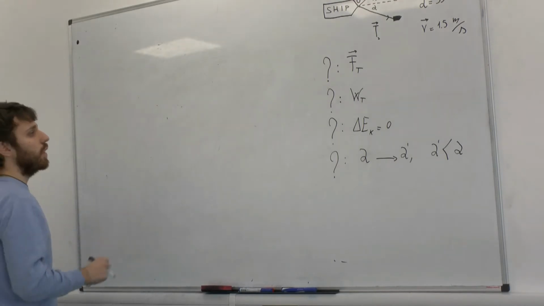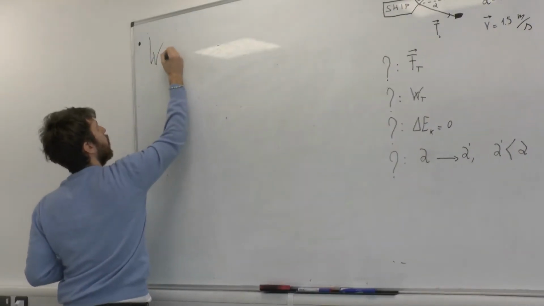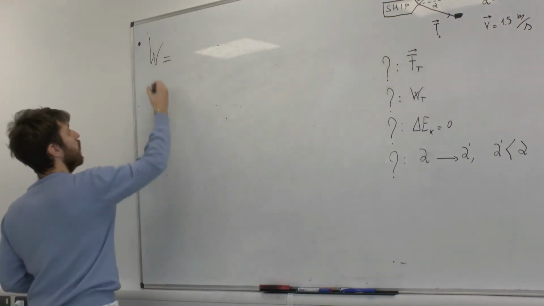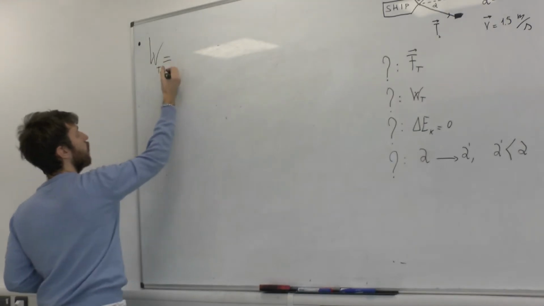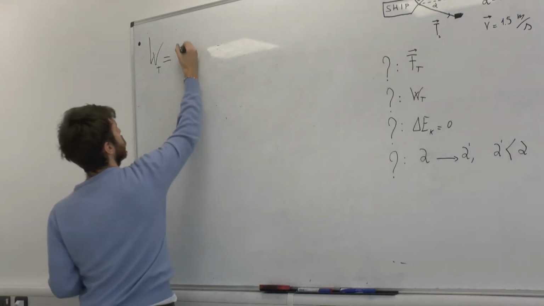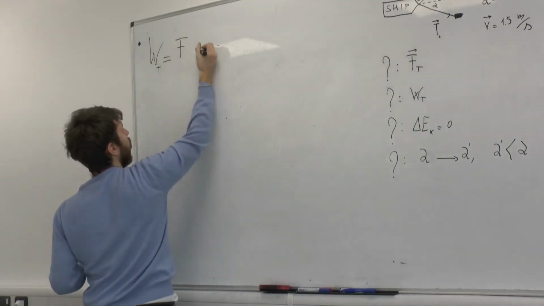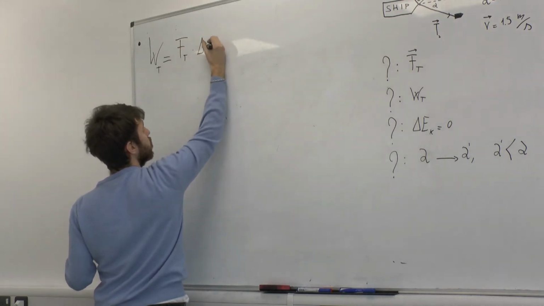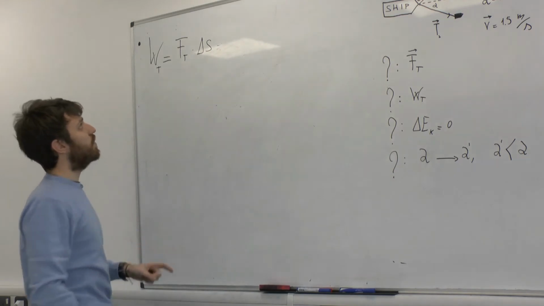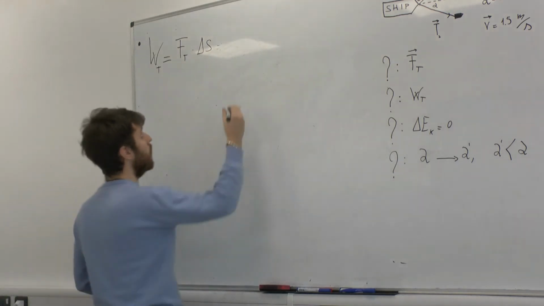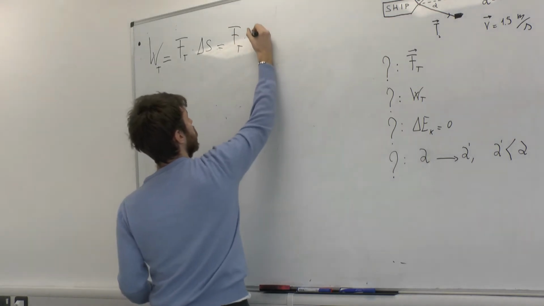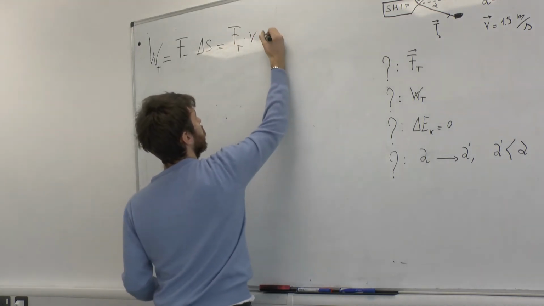So let's move to the second point. Since the motion is linear and the force is constant, the work done by the pulling force Ft is the product of the force and the displacement. And since the motion is linear and uniform, the displacement is just the velocity times the time.